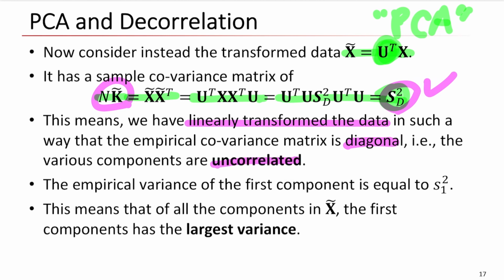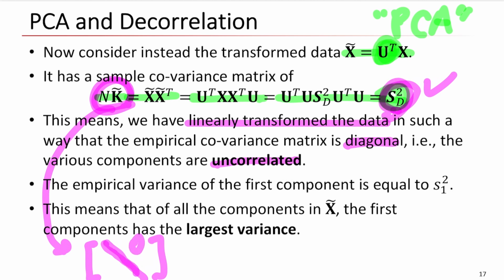So what does it mean? This is a covariance matrix, right? But the covariance matrix has values only on the diagonal, and there are 0s elsewhere. So this is the i-th component and this is the j-th component.